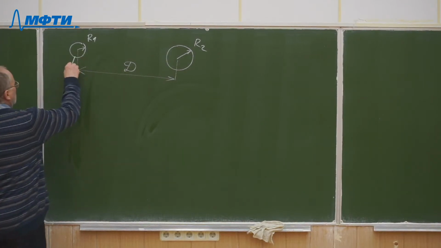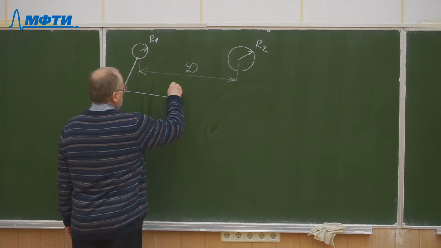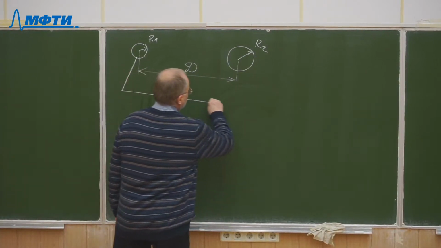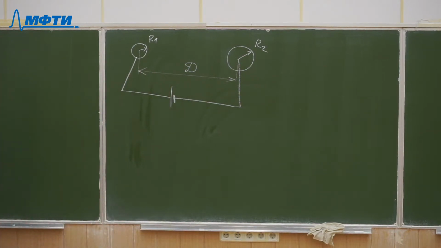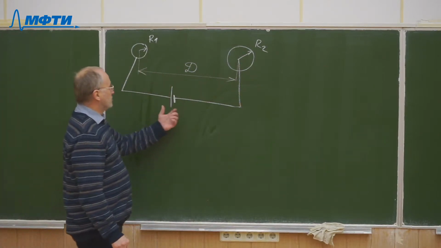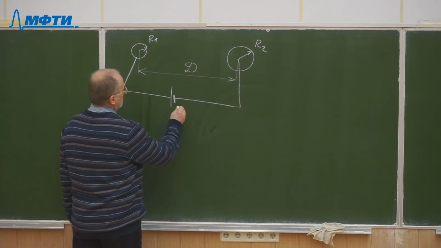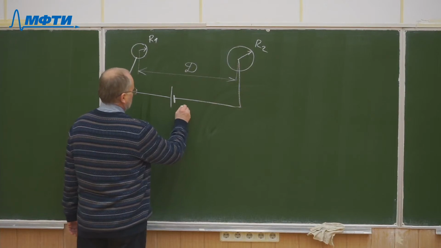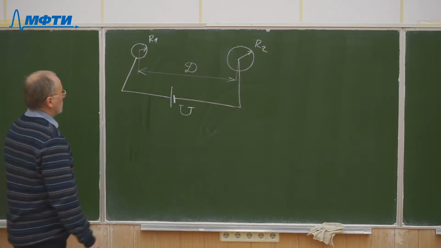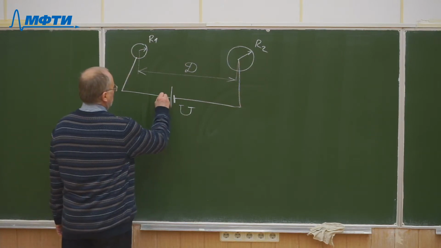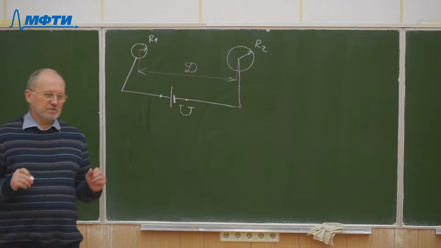And these two balls are connected to a source of voltage, to an external battery, which has electromotive force. Well, let it be U. So U is the voltage on the terminals of this battery, on the two external contacts.